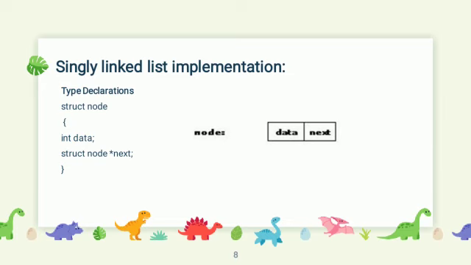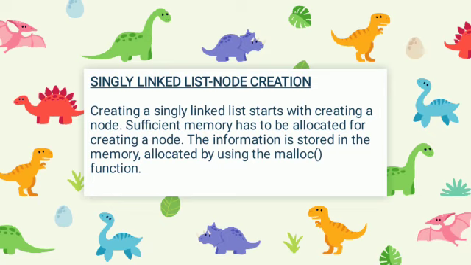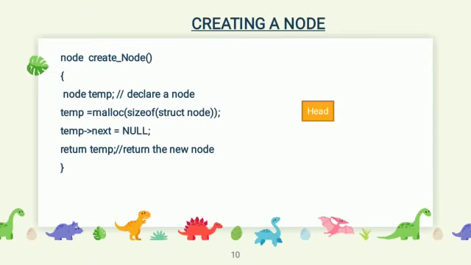Okay. Next we see how to create one node in the linked list. That is node creation. One node can be created by using the malloc function. First we create a head node. Head node means the node which contains the address of the first node. If the list is empty, then the head node contains the null value. In this code, we initialize the head node with the null pointer.